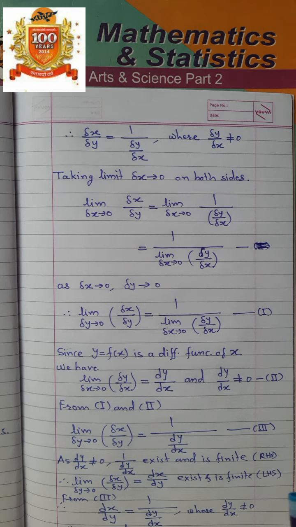That means the limit on the LHS also exists. If the limit on RHS exists, then the limit on LHS also exists. Therefore, from the third equation we can write dx upon dy is equal to 1 upon dy by dx, where dy by dx is not equal to 0.